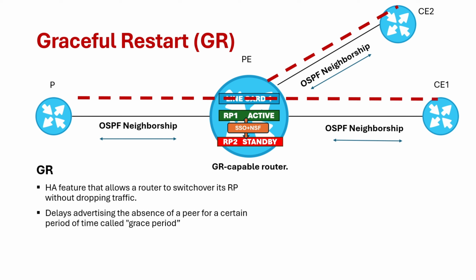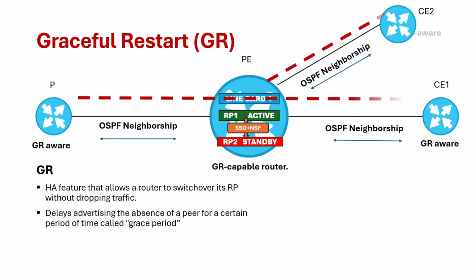You can also call it a GR capable router or SSO NSF aware router. Then you will have a neighbor router that has a single RP, but it is GR aware. Got my point? Any router that has a single RP but supports GR is called a GR aware or GR helper router.